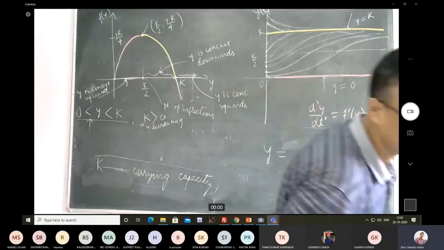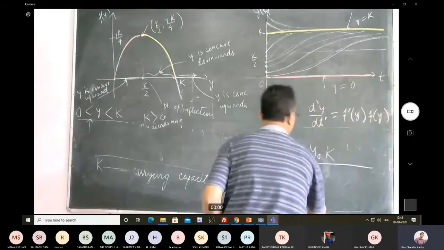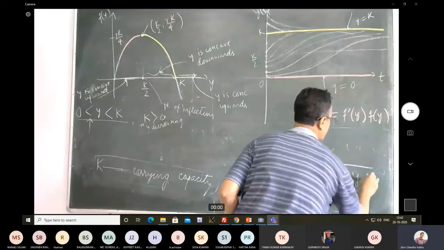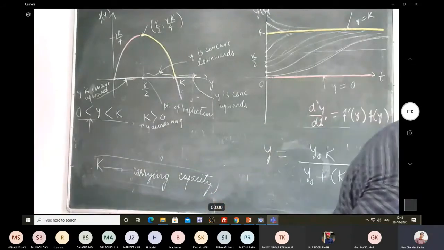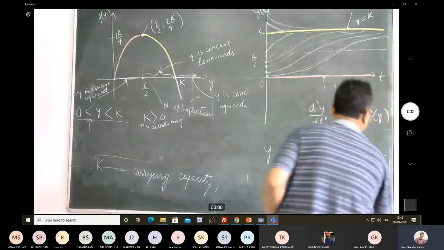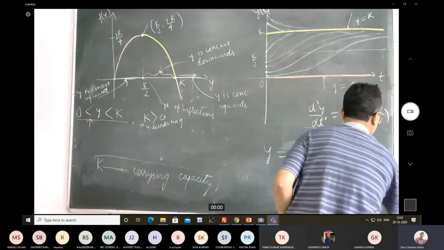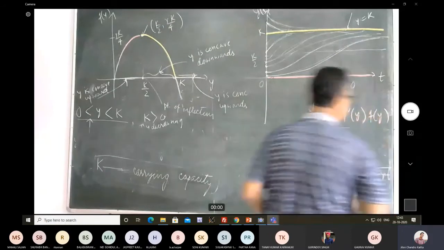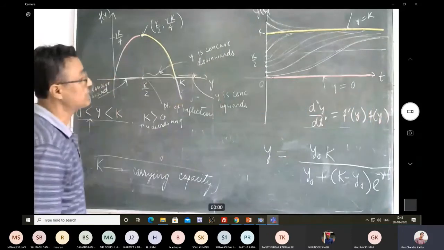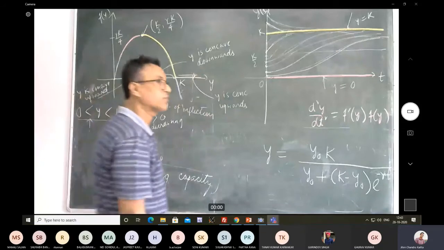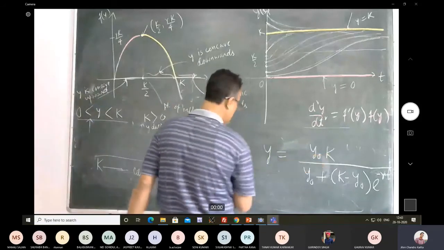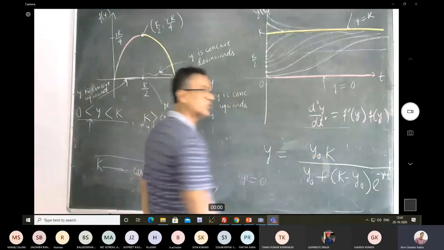Why not e to the power minus r? From here you can see that if y equal to 0, the solution is going to be simply y equal to 0 throughout.